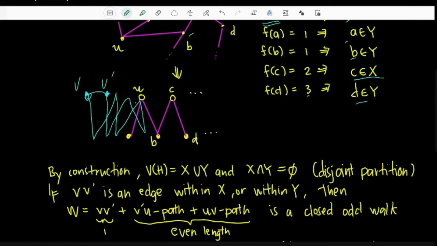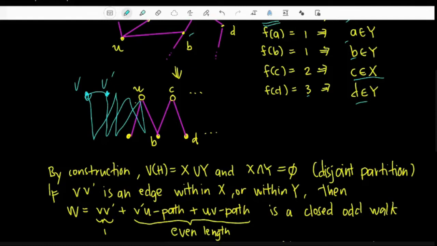That means the path from U must be odd, right? If both of them are odd, the paths from V prime to U and V to U are both odd, then adding those two would mean an even length. So no matter where you place the edge, either within X or within Y, the sum of those paths will still remain even because they are either both odd or both even, right?